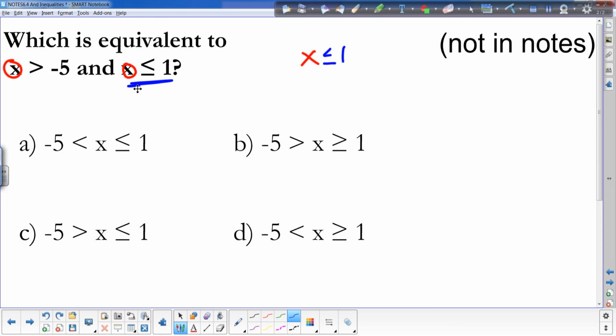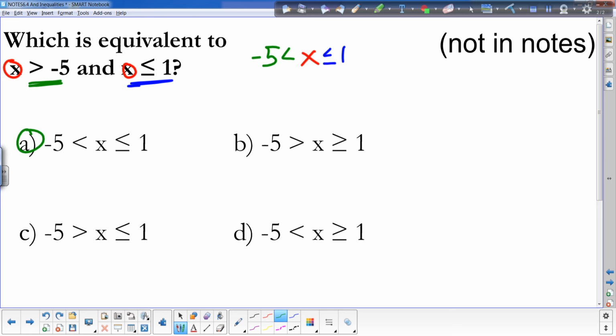That's what this says. But we also know that it's greater than -5. So we're going to write x is greater than -5. I look for this one, and it appears to be right here. And again, I know I went from a greater than sign here to a less than sign here, but that's because I switched the order. The x is bigger than -5. My x is still bigger than the -5 because it's eating the x.